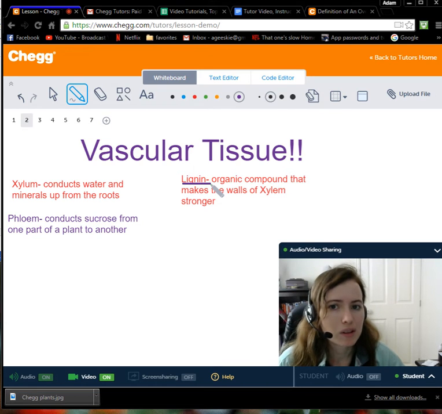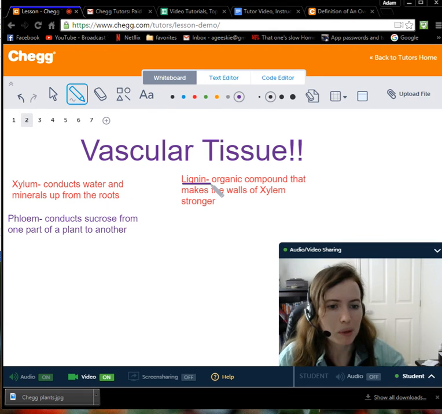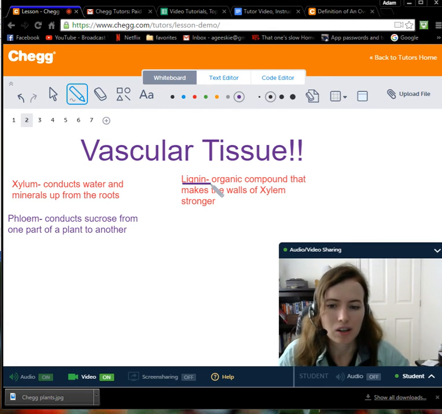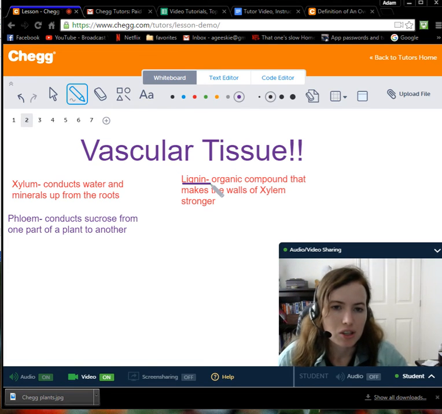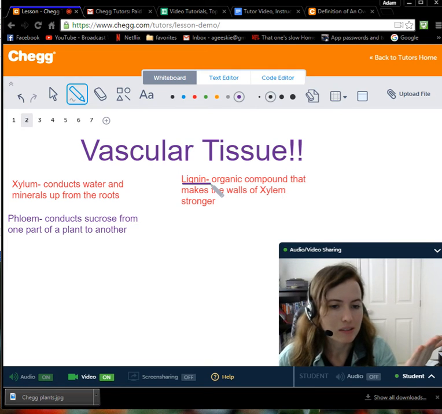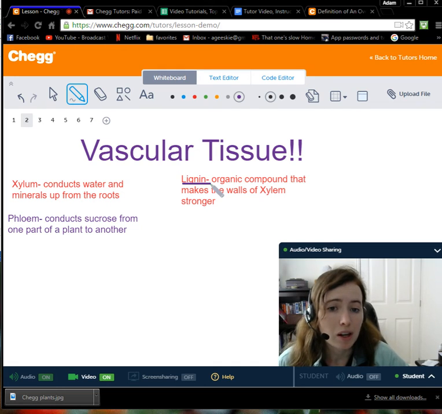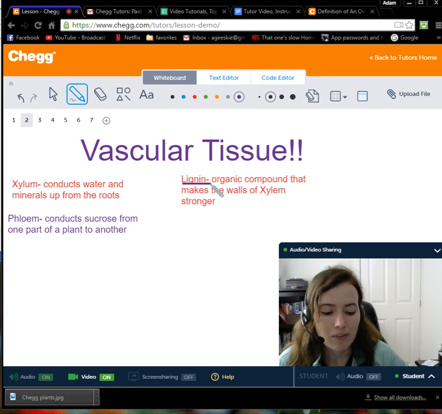Also, let's talk quickly about the vascular breakdown, like what else comes in the vascular form. After vascular tissue, you have your seedless vascular plants and your seed vascular plants. The seedless ones are the most simple of the vascular plants, and those would be your lycophytes and your ferns.